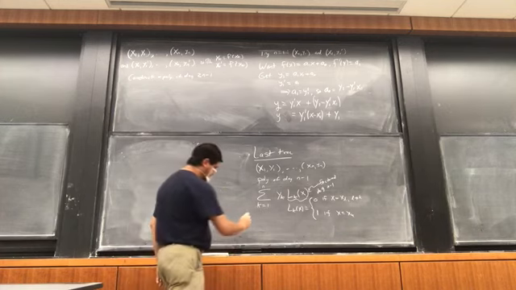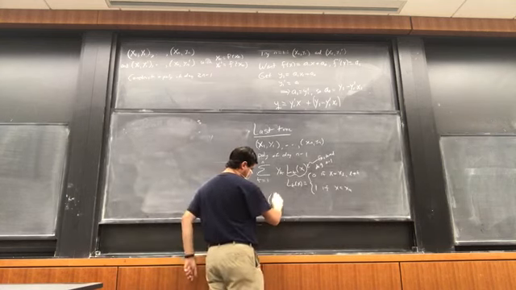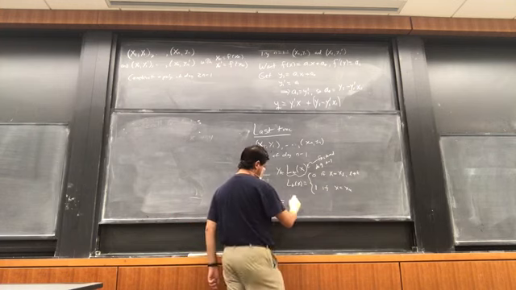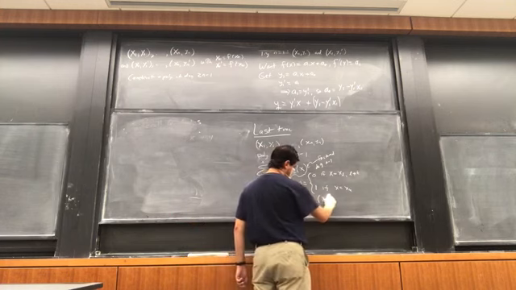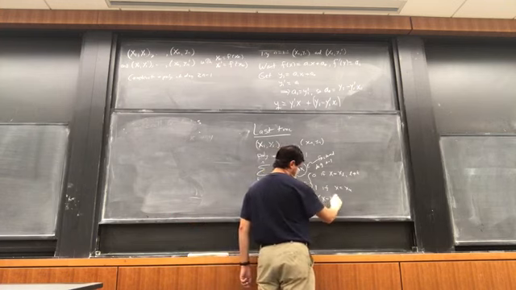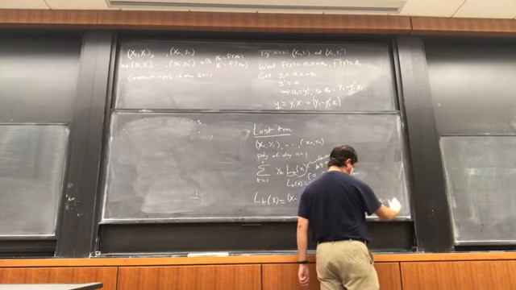I think it was something like lk of x was x minus x1, dot, dot, dot, x minus xk minus 1, x minus xk plus 1, x minus xn.